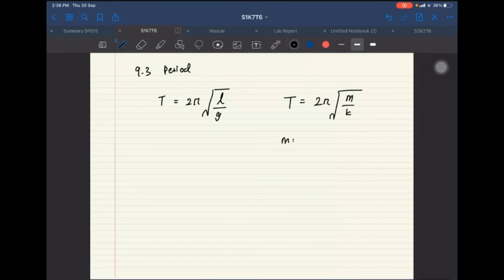So M is a mass, hanging mass lah. K is a spring constant. So as long as you have a spring constant, you straight away know that this one is for spring that undergoes the simple harmonic motion lah. And this one is the period for pendulum.